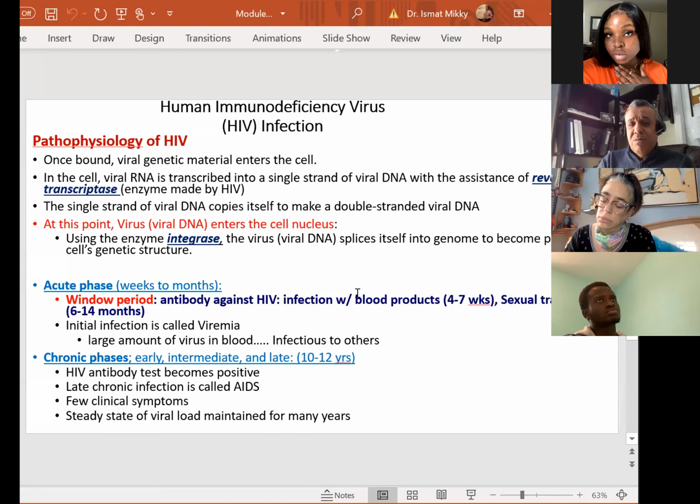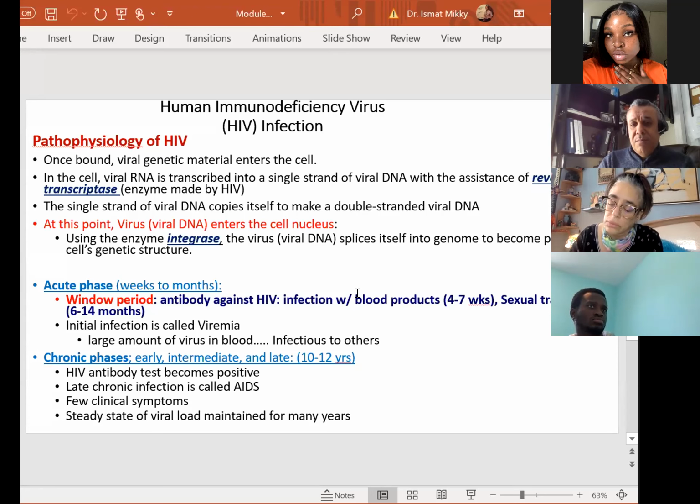But it's just to know conceptually that once they're infected, that's the acute phase, and then if they develop any of these criteria along the way, that is the chronic delayed phase.